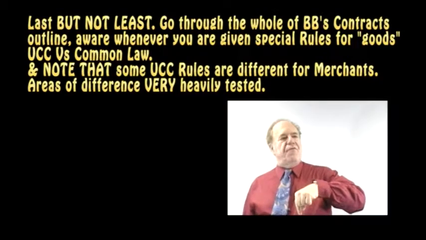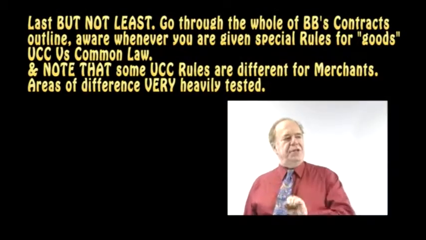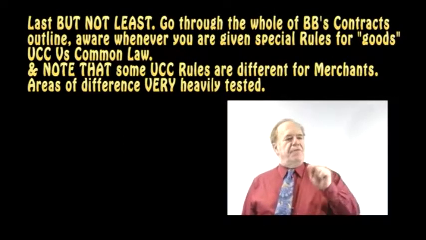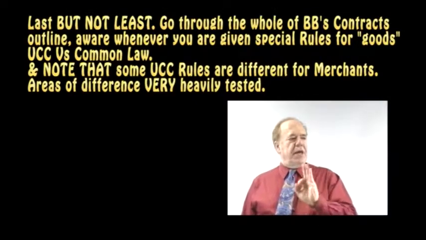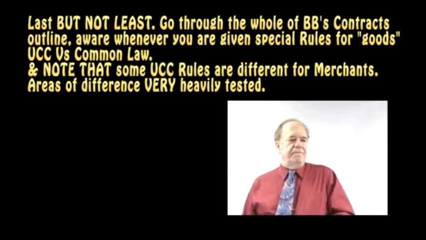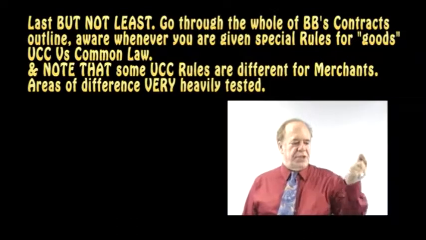And then they give you a firm offer rule answer. It's wrong. Firm offer rule simply does not apply at common law. It's a UCC rule. So you need to focus as you go through the table of contents on where they tell you there's a different rule between common law and sale of goods.